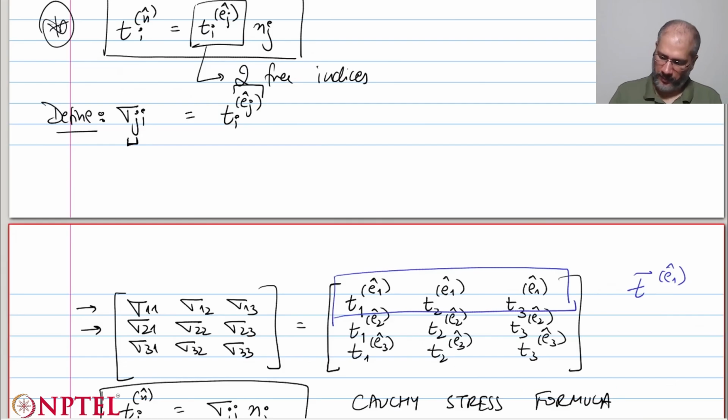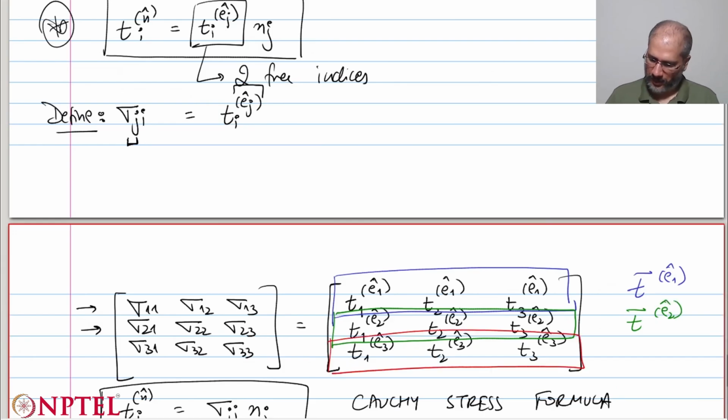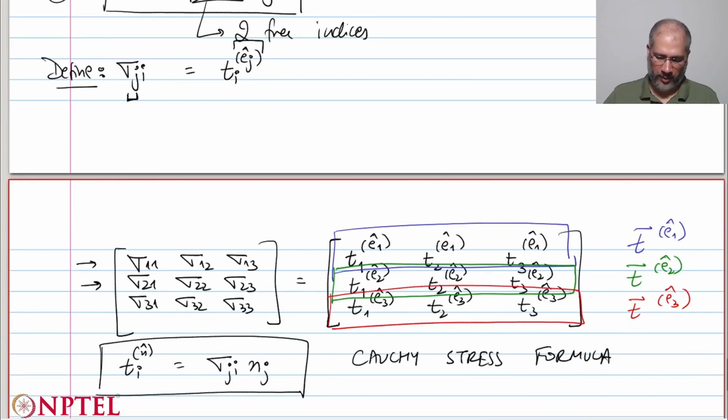The second row is the traction vector on the E2 plane, and the third row is the traction vector on the E3 plane. So that's what we wanted: we wanted to be able to write the traction vector on any arbitrary plane n hat using the three traction vectors on three mutually perpendicular cutting planes, and we have been able to do that.